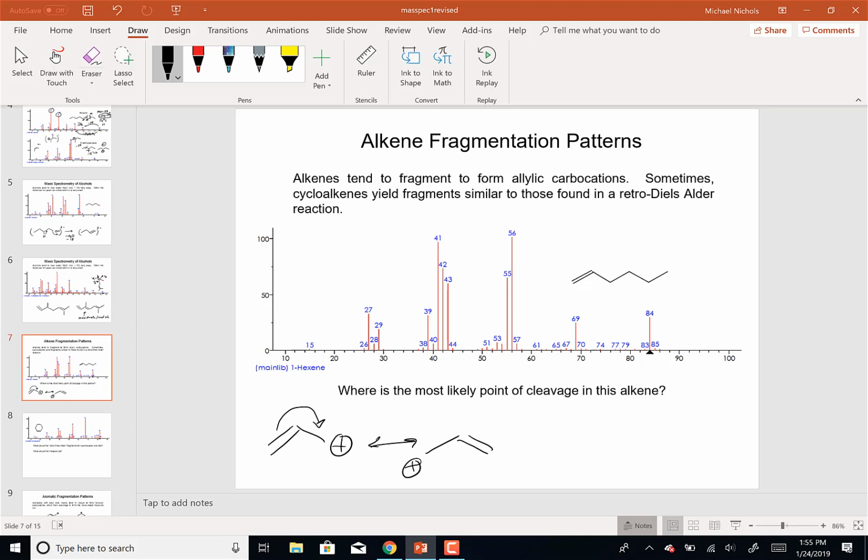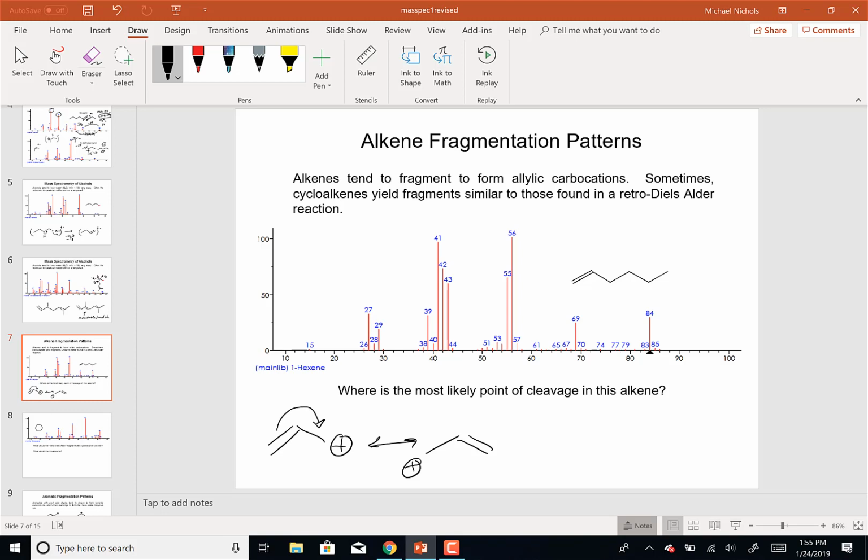It's allylic, and so it is stable because of the resonance structure. Now, primary allylic is not as stable as secondary allylic, which is not as stable as tertiary allylic. So those rules are still in effect.